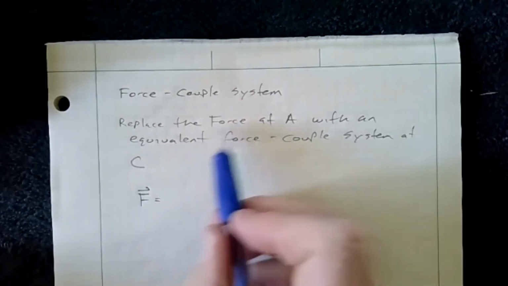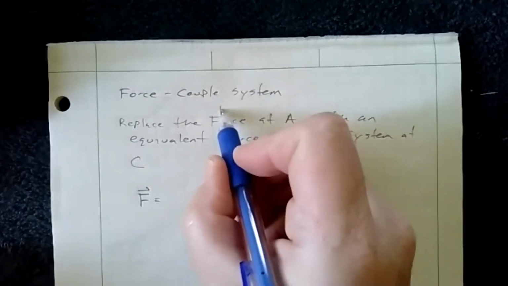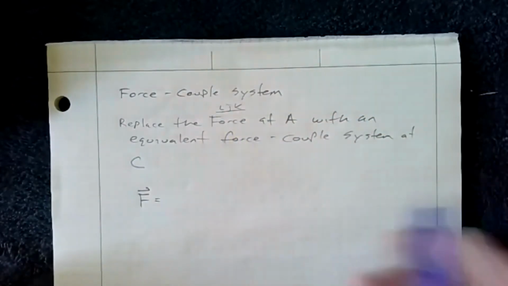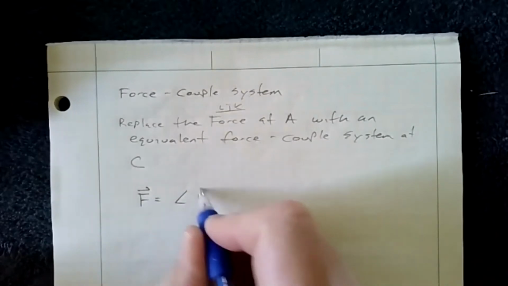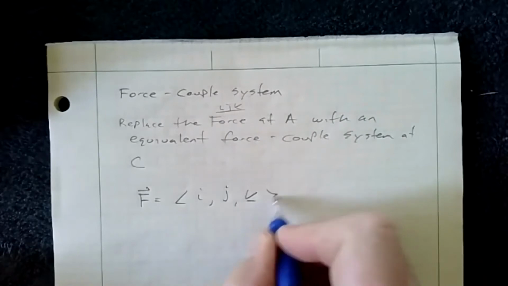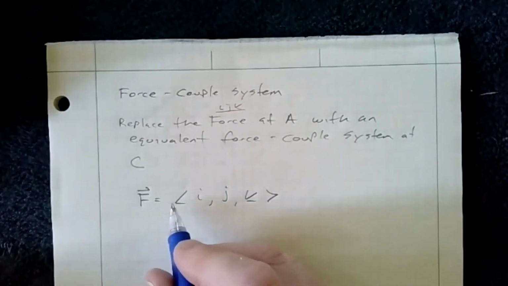Whatever the force is at A, it's usually given to you in IJK, or as a magnitude with directions. The first thing you're going to do is figure out what that force is in IJK, because that is part of your answer. If you leave that out, you don't get it all correct.